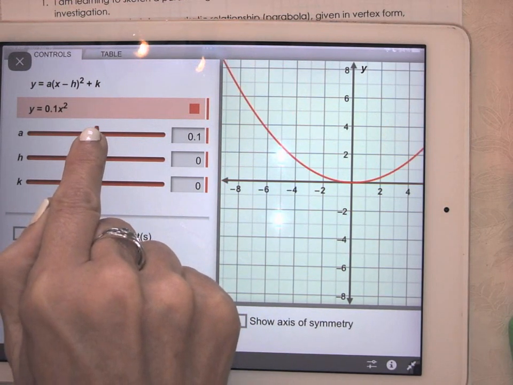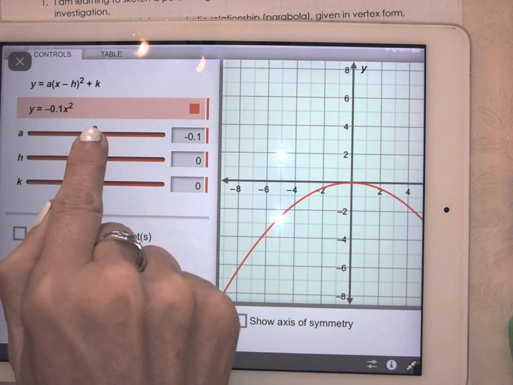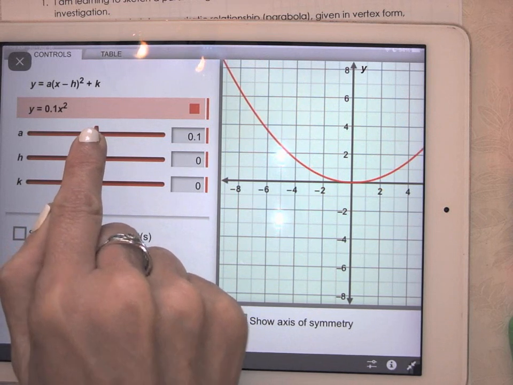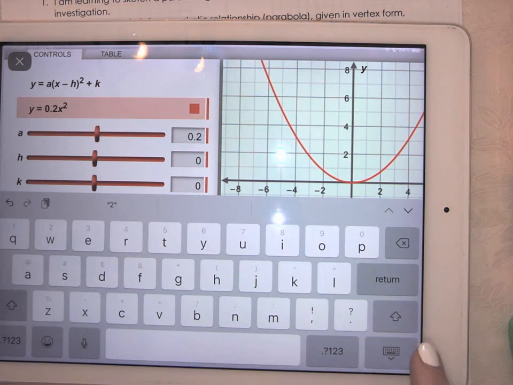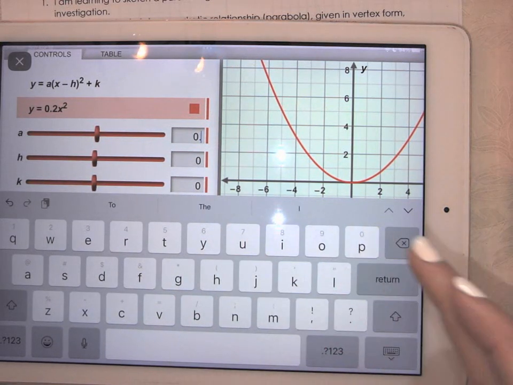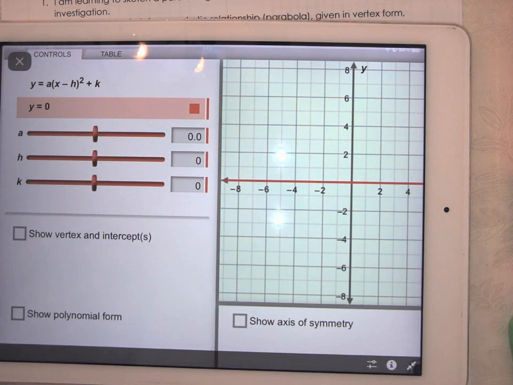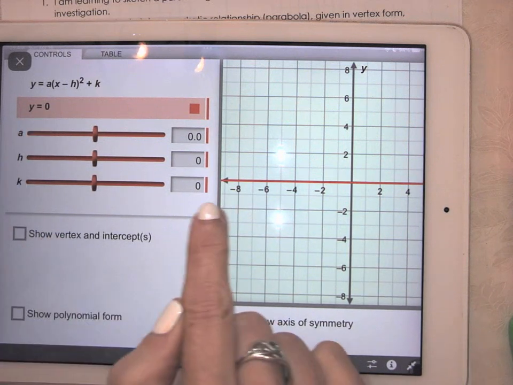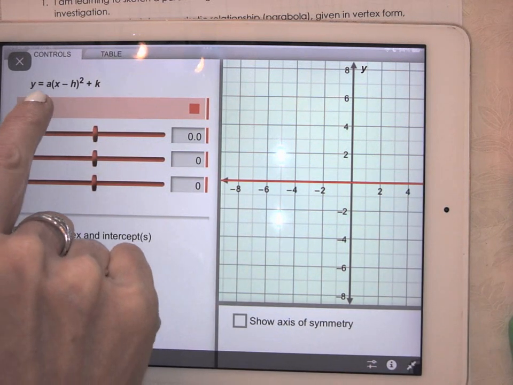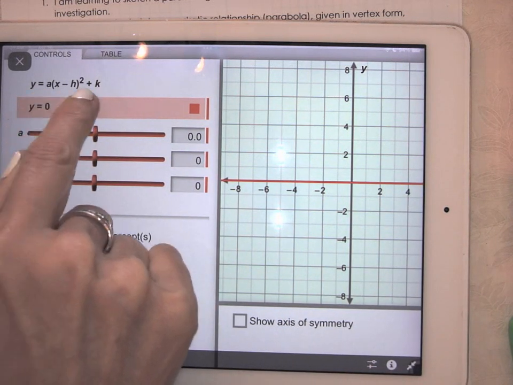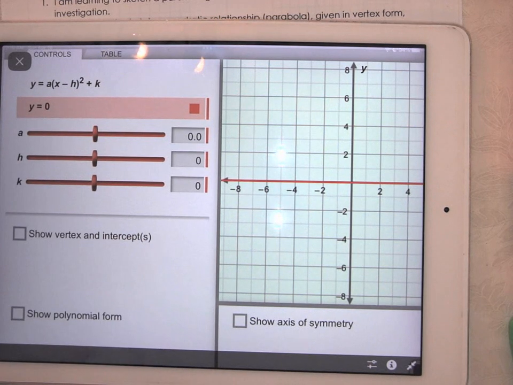Now, if we had zero, we just get the line y equals 0, because if a was 0, we multiplied anything by 0, we would get 0.